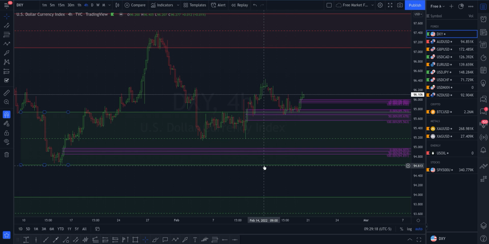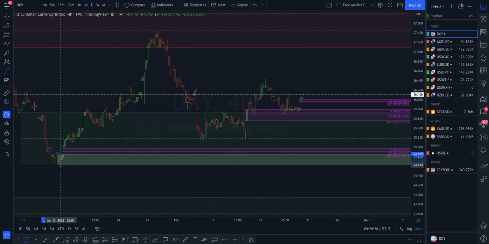Now let's take a look at our rally base demand zones. We do have a drop base rally demand zone sitting right here, and I tell you what, I will use this. We do have demand sitting right there that has not been touched.